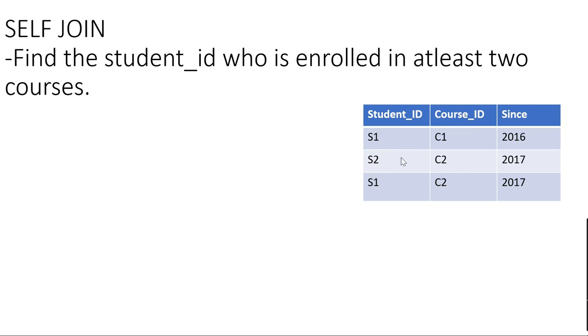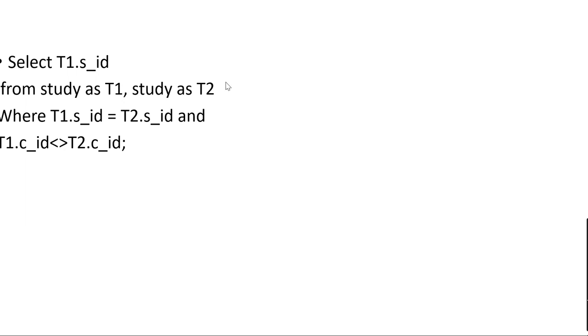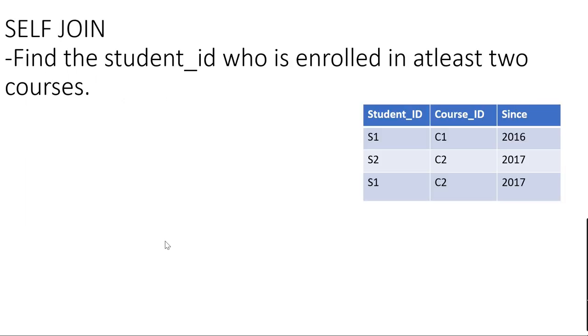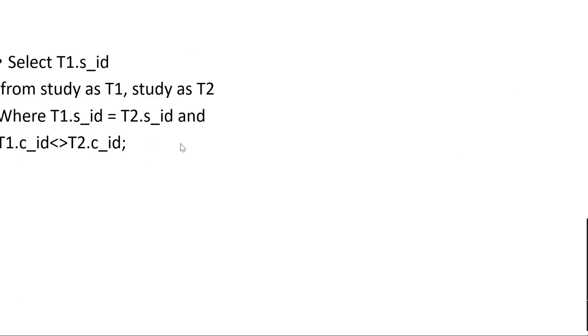So 3 into 1, 3 into 2, 3 into 3, there will be 9 terms for T1 and 9 terms for T2. And there is only one value where the condition will be satisfied, and that will be student ID S1. If you do the cross product and match the condition, you will see there is only one student, S1.